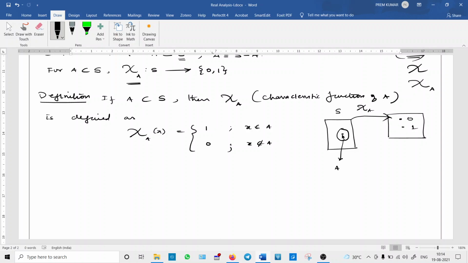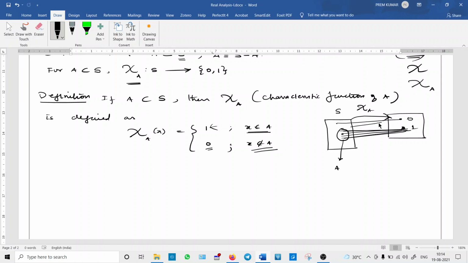Suppose my x is inside A. What does the function say? If x belongs to A, it maps to 1. So all the elements inside A will be mapped to this 1. And if my x falls outside A, then the function maps to 0.